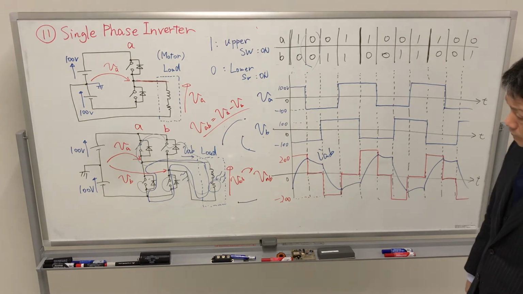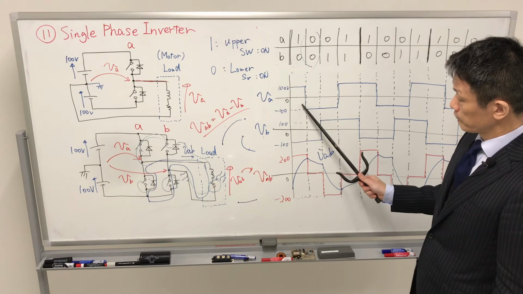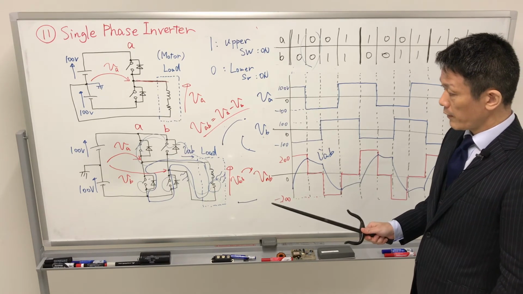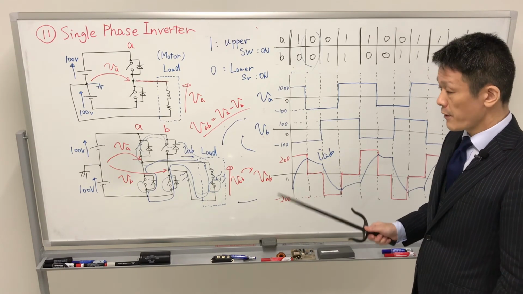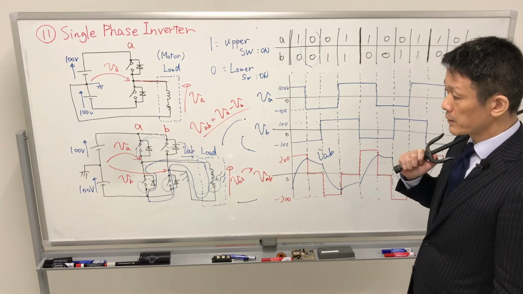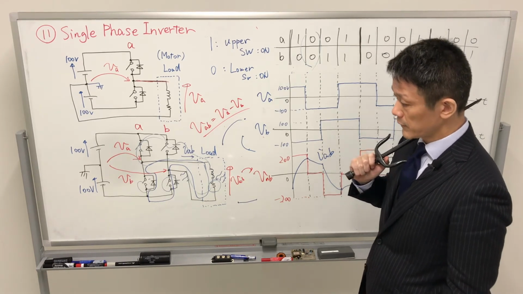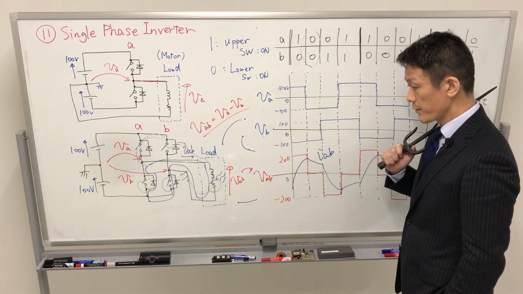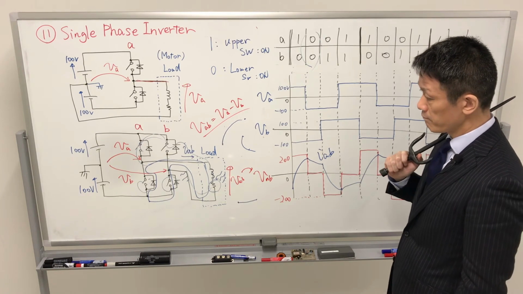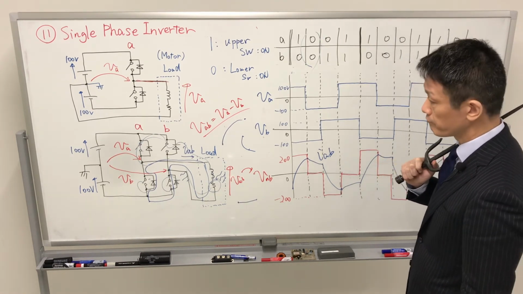As you know, in the power electronics area, the voltage value is very important. That means the battery. Battery is very expensive.